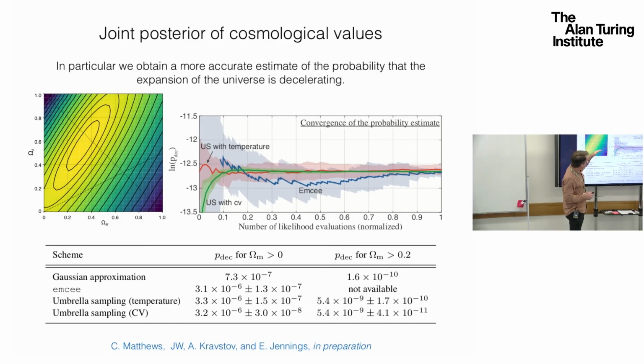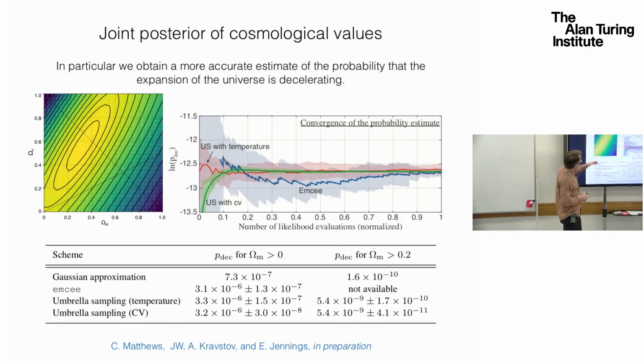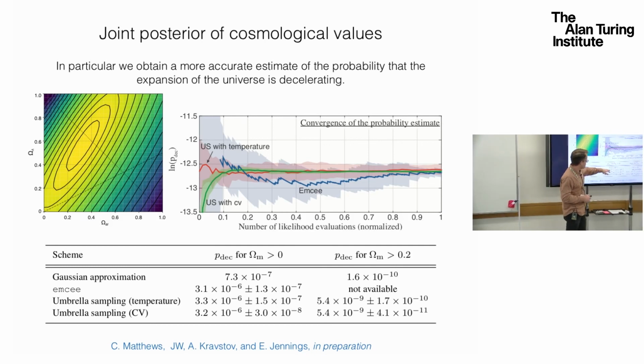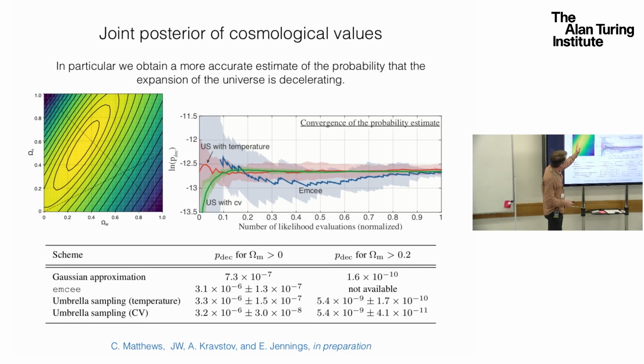And so we used our algorithm here. What you find is that it's a fairly small probability, 10 to the minus 7, if you don't put any constraints on this omega m parameter. It turns out they have strong reason to believe from other data that omega m is always bigger than 0.2.